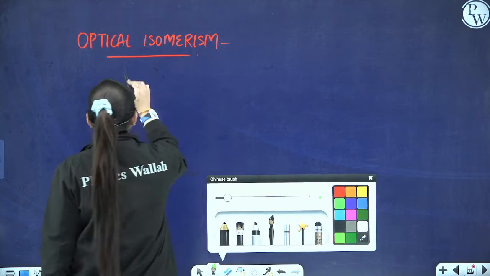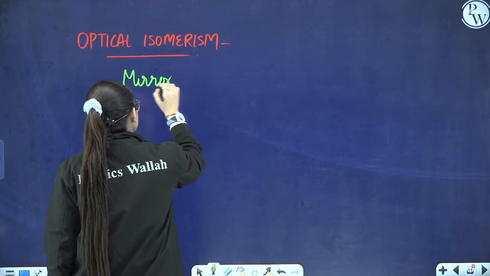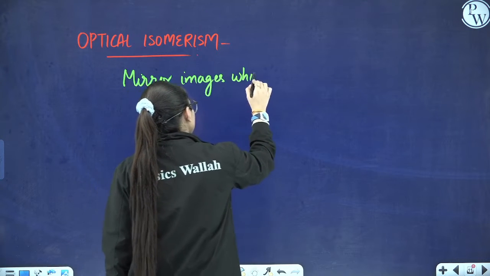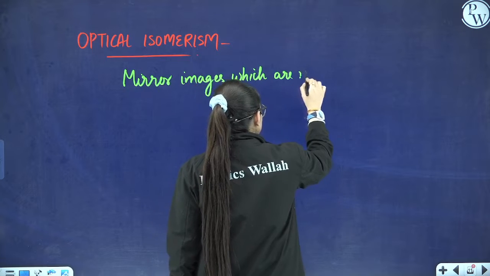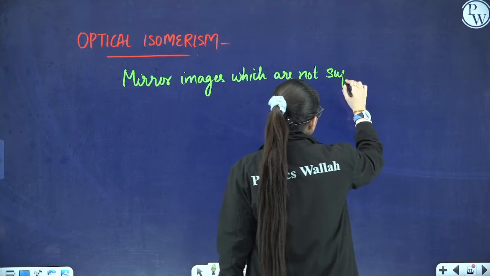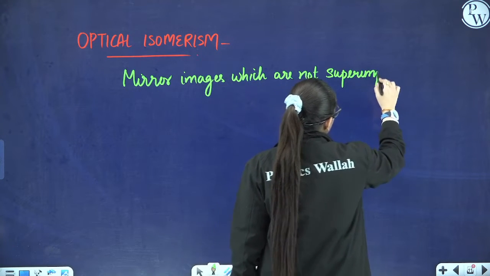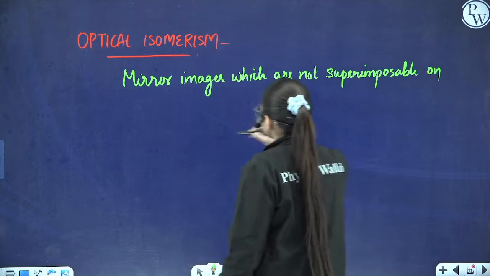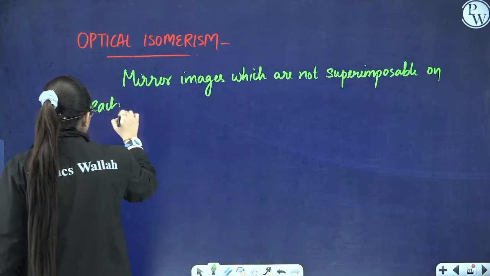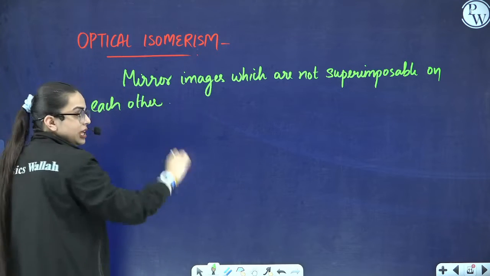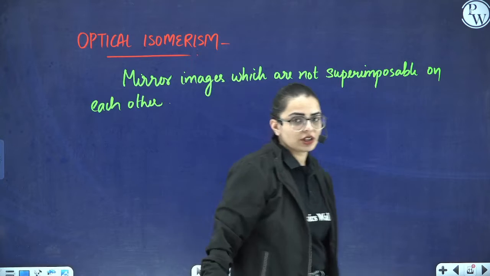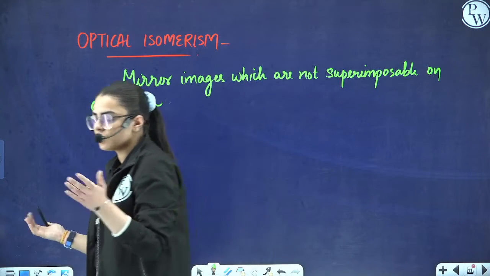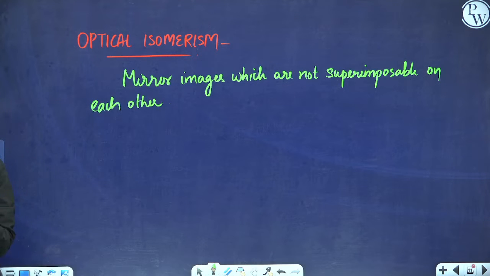Mirror images which are not superimposable on each other shall exhibit optical isomerism over here. Now you need to understand what is a superimposable image and what is a non-superimposable image. We need to understand this very basic concept.